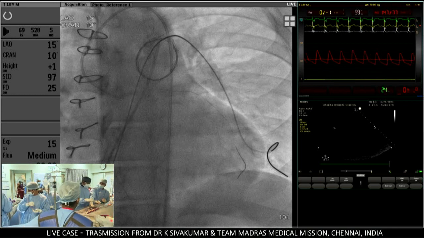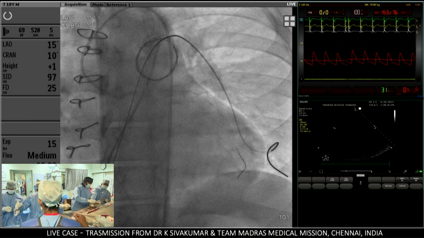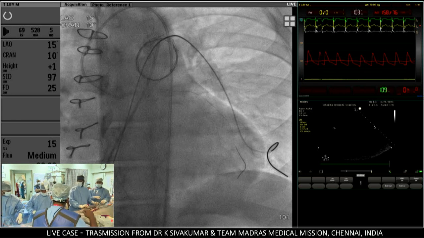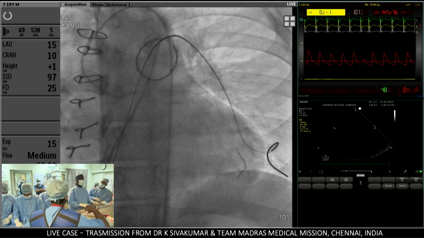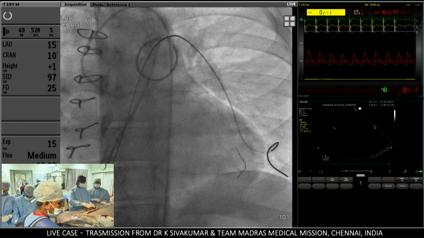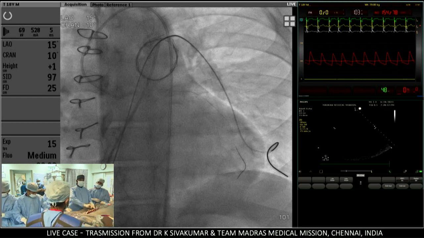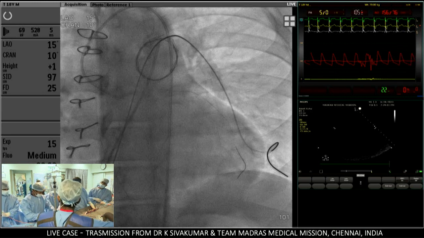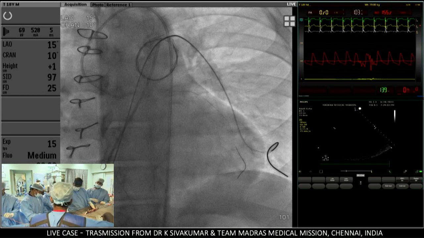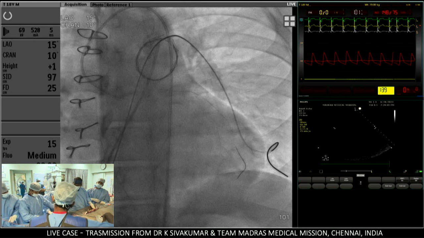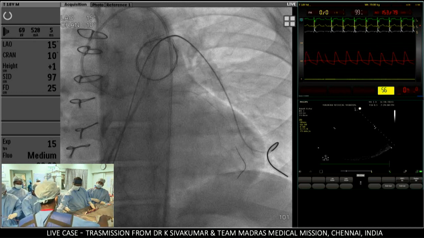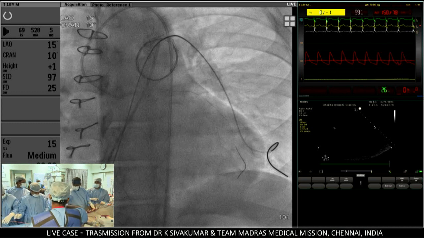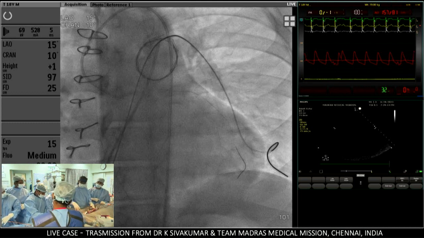So the 26 Sapien, 29 Sapien. Yeah, Basil, the problem with Myval and Edwards valves is that to achieve the best hydrodynamic result, you should achieve the diameter of production.